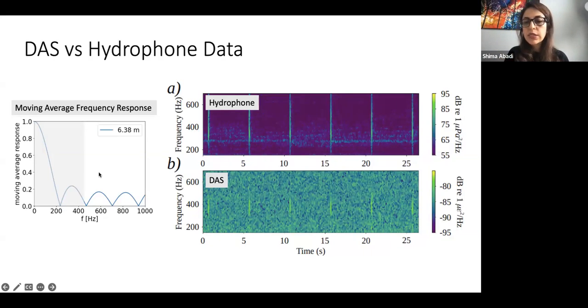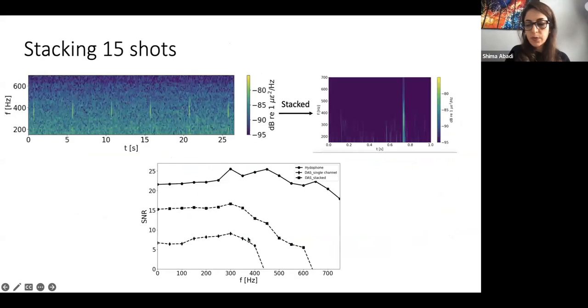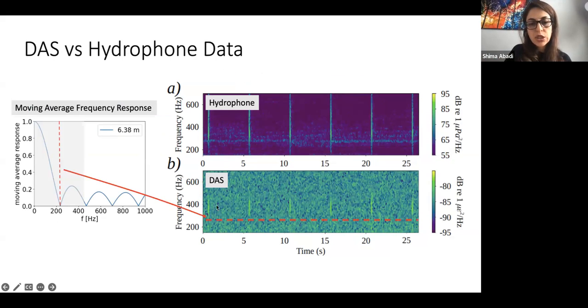And then just explaining the differences between the spectrogram of the hydrophone and the spectrogram of DAS, I'm showing the frequency response, or gauge length response, at 6 meter gauge length, and it shows that we have a null at a little bit more than 200 hertz, and that's exactly the location where we don't see any energy here, and we have good energy above that.